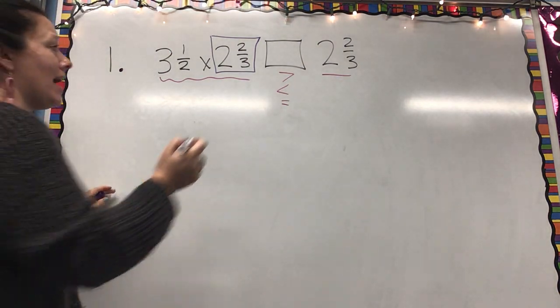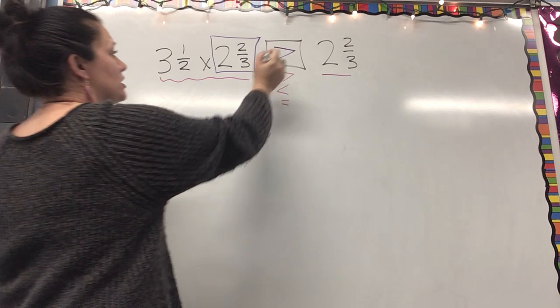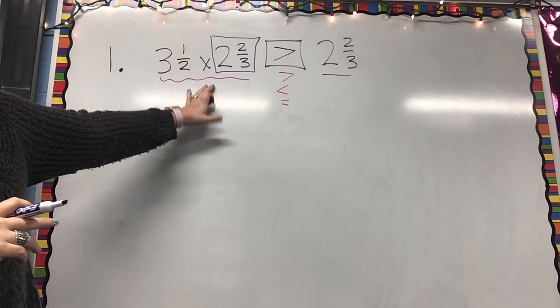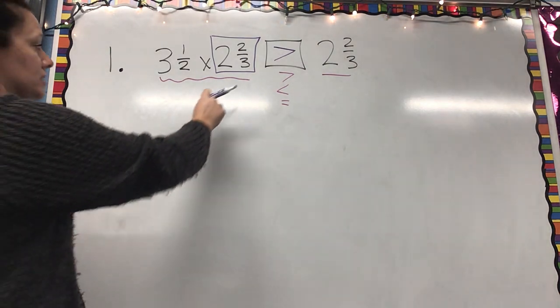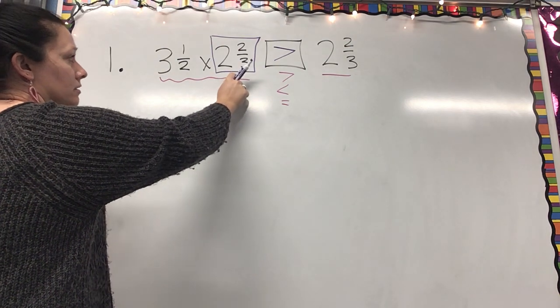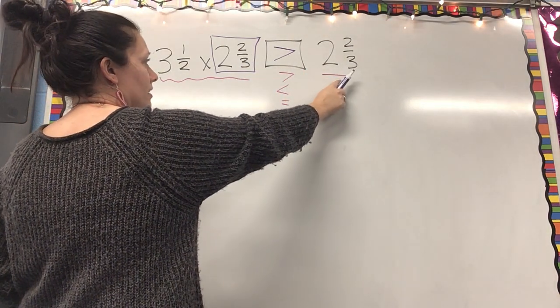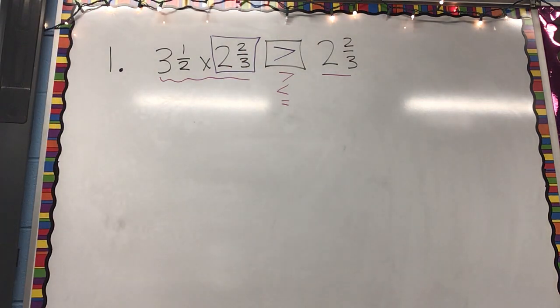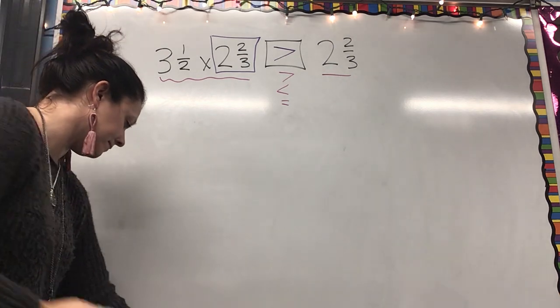Greater than. Do I need to know how much bigger it's going to be than that mixed number over there? No. I don't need an exact answer here. There's no reason then that I need to actually solve this. I know that it's going to make this mixed number bigger. Anything bigger than this one, then this side's going to be larger than. The alligator mouth wants to eat that number, that equation, I should say.